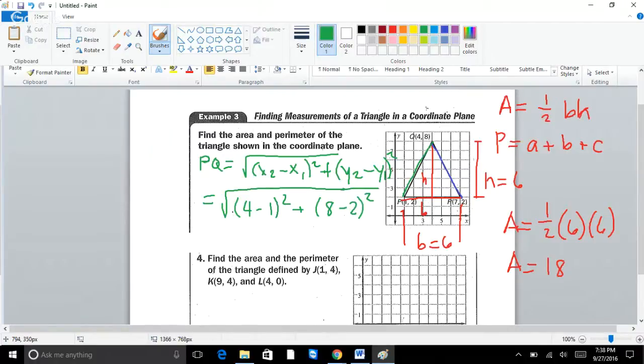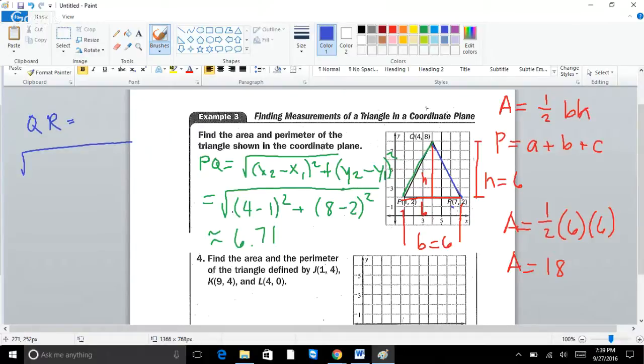Okay, and then if you do some calculations, I get that PQ equals about 6.71. All right. Then I also have to find the length of my blue side, which is QR, right? Yes, QR over here. This is R, it's hard to see. Okay, so for QR, we're going to use the same distance formula.